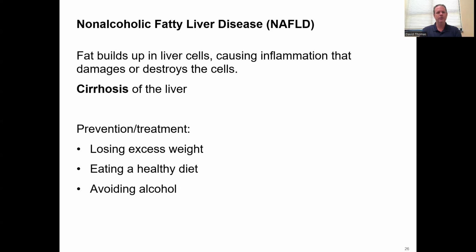Prevention and treatment are pretty obvious. Losing excess weight is definitely going to help, and watching our diet. Limiting alcohol will help the liver anyway, because alcohol literally poisons the liver. But you can have this fatty liver disease even without alcohol, which is why it's called non-alcoholic, if you have high levels of fats or carbs in your diet.